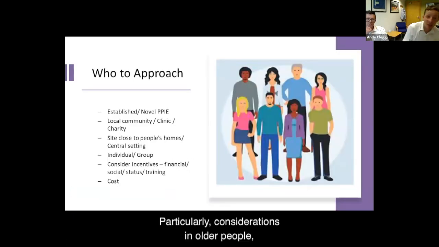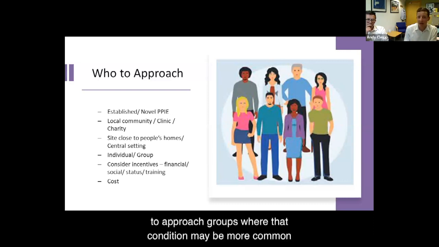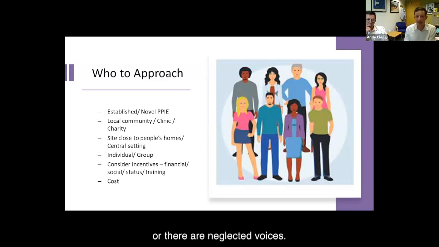Particularly considerations in older people, who to approach. Well, as mentioned, it depends on the research question who the relevant risk groups are, and that may inform your choices, but particularly considering equality, diversity and inclusion, to approach groups where that condition may be more common or there are neglected voices.